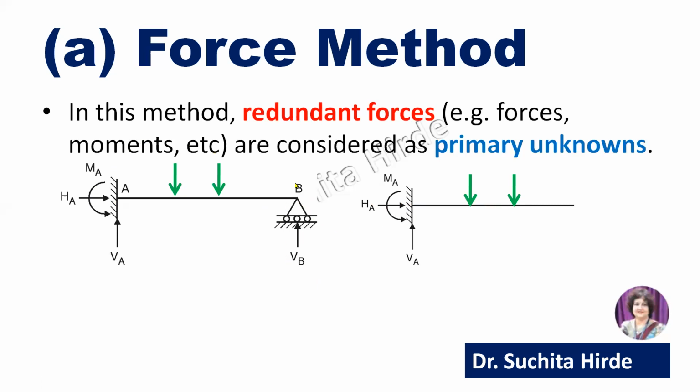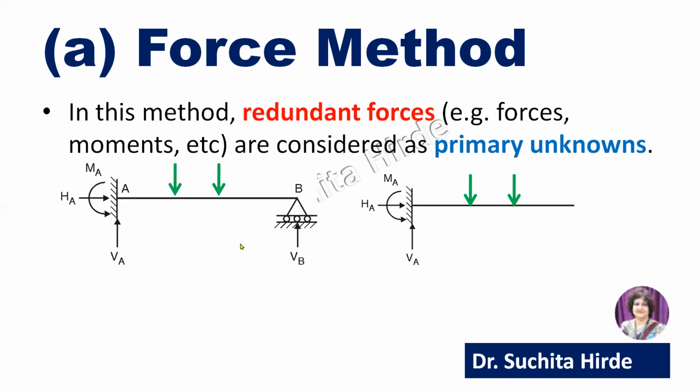But if there is an extra reaction here, this structure is called a determinate structure. This structure we can analyze using three equations of equilibrium because there are three unknown reactions. But this structure cannot be analyzed using three equations of equilibrium. So we need some special method to analyze such a structure.